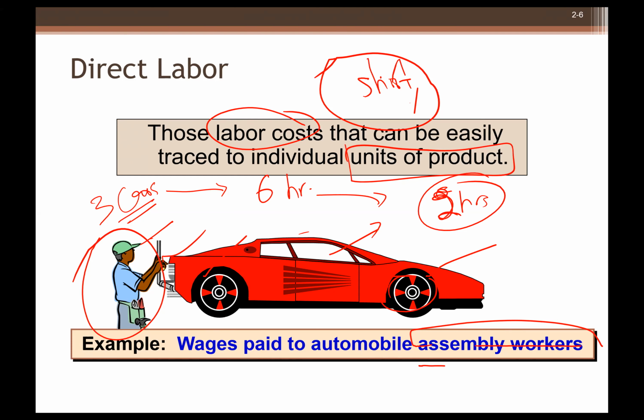The wages for the tailor. Okay, good, good. You mean the wages paid to people who are making the shirt materials, like fabrics?